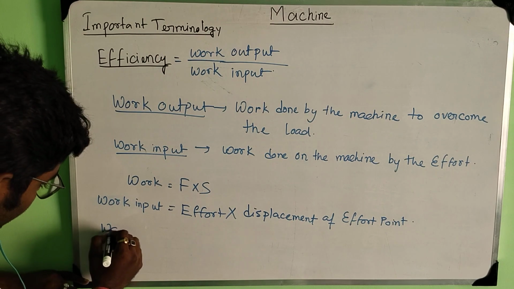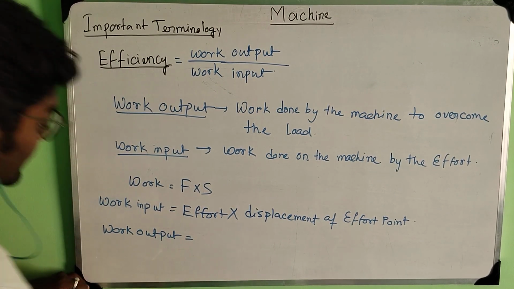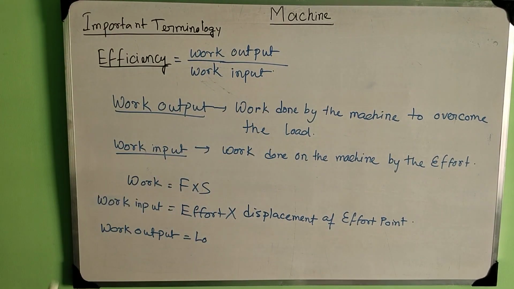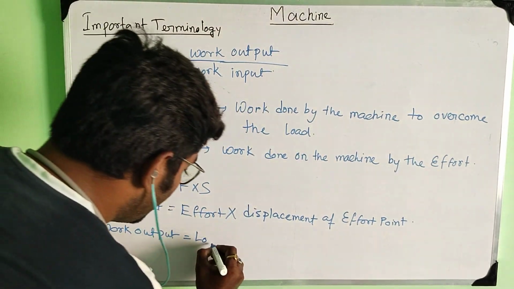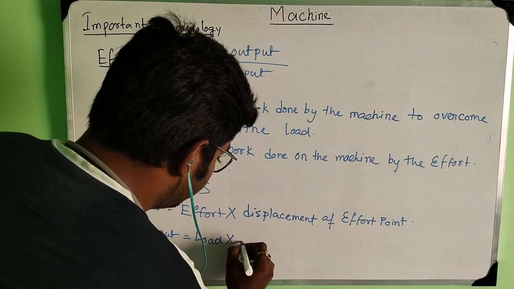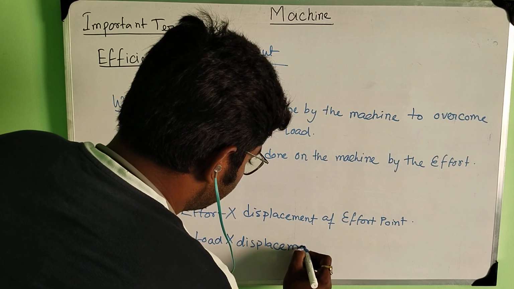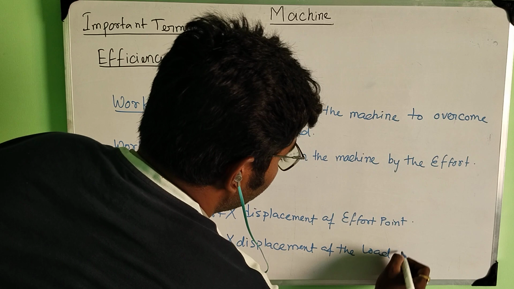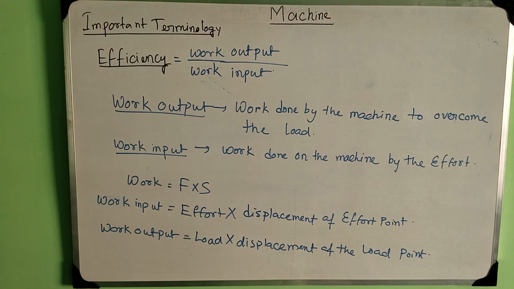If it is work output, the machine is doing the work to overcome the load, and load is a force, so in place of force you put load, into displacement of the load point.